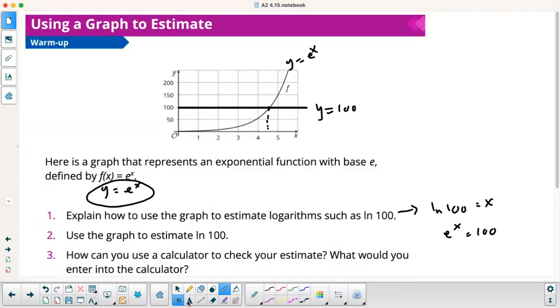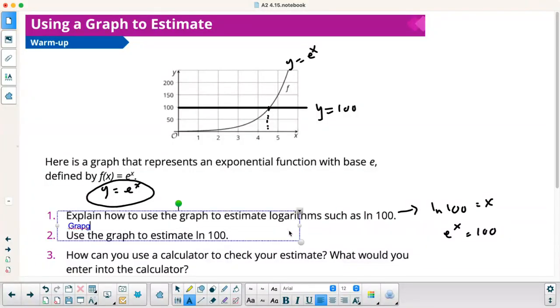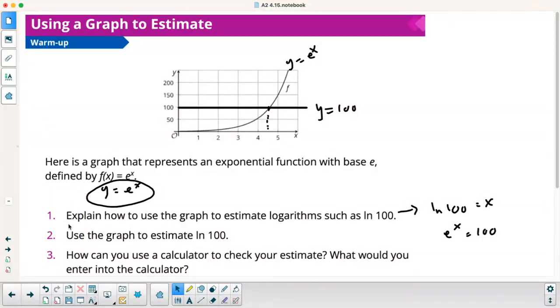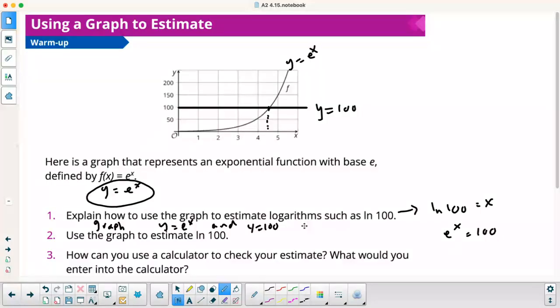So to explain it, I'm going to graph y equals e to the x and y equals 100 and see where they cross. So my estimate was approximately 4.6.